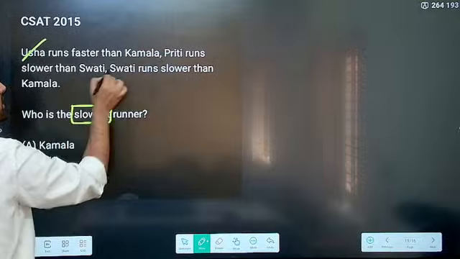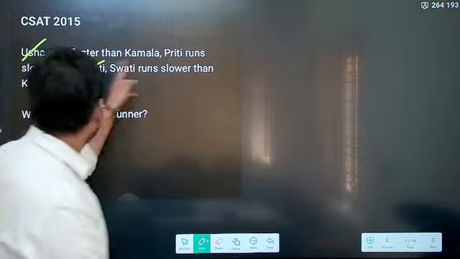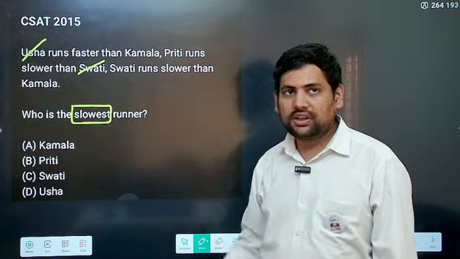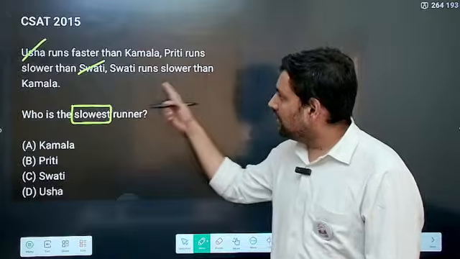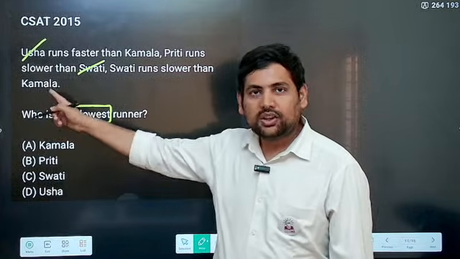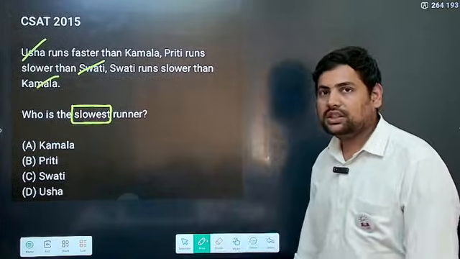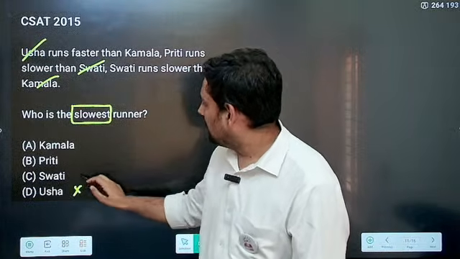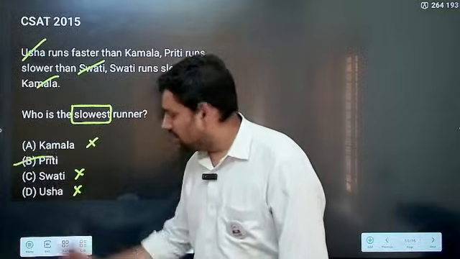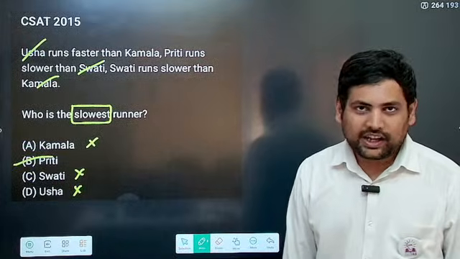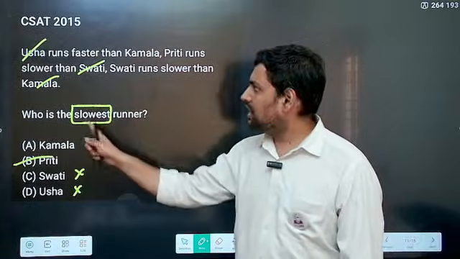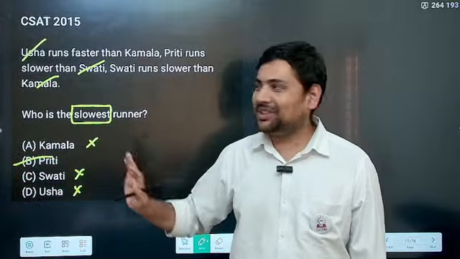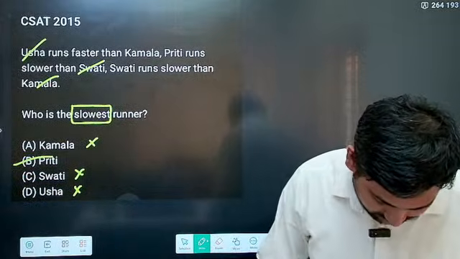So Swati is faster than Preeti. Swati is gone. Then Swati runs slower than Kamla. So that means Kamla is faster. Kamla is also gone. Now what remains? Usha is gone, Swati is gone, Kamla is gone. The answer is Preeti. Correct? So this is how you do it. You first mark slowest and then you just cancel out whichever is faster than any other person.